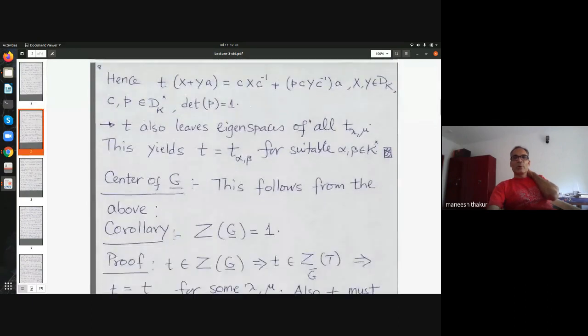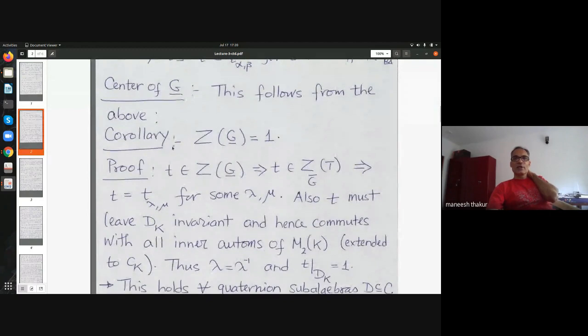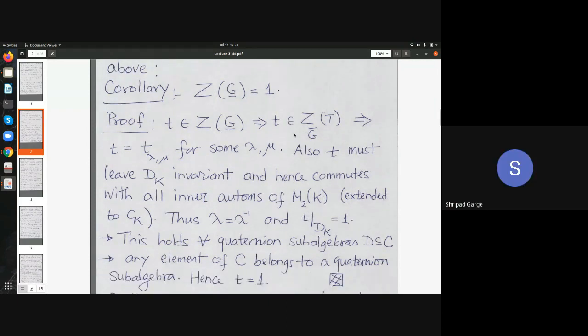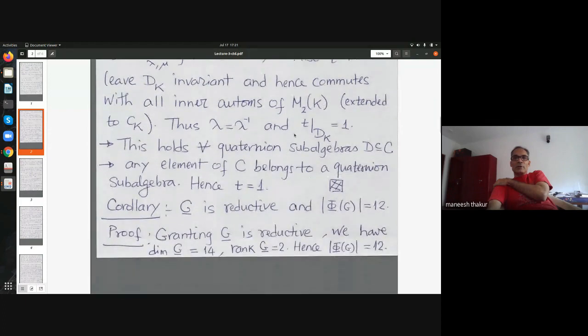And then we proved the center is trivial. Trivial center allows us immediately to conclude the group is semi-simple, given that it is a reductive group. And reductivity we proved here.